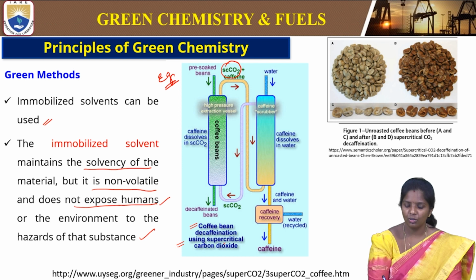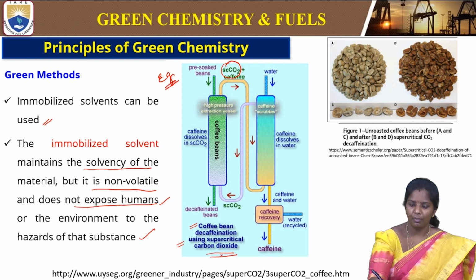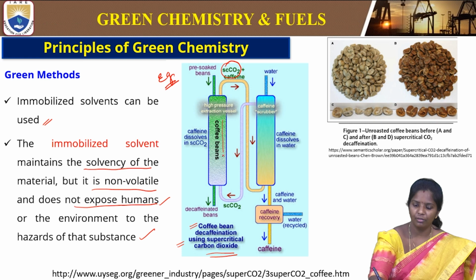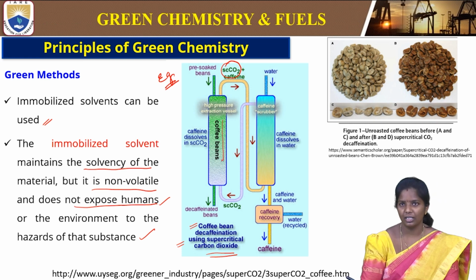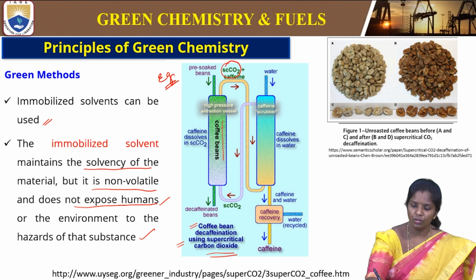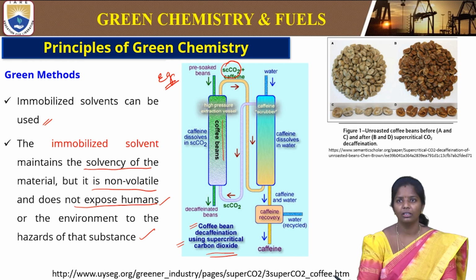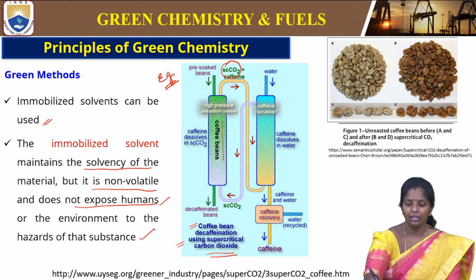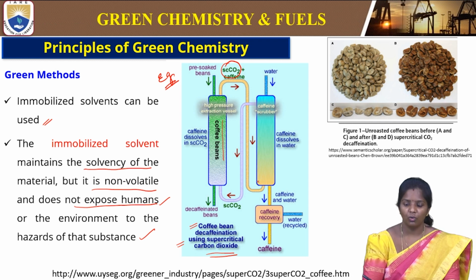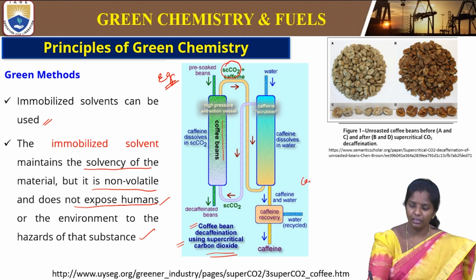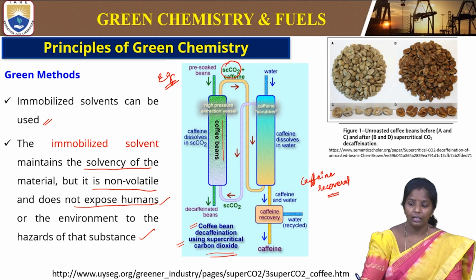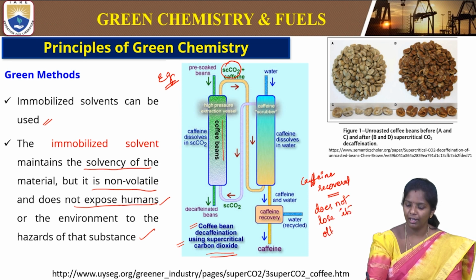When we do it with supercritical carbon dioxide, we pass it through the soaked coffee beans and high pressure is applied. Along with the coffee beans, the caffeine passes through the column, so the caffeine can be recovered, and the beans do not lose their other flavors.